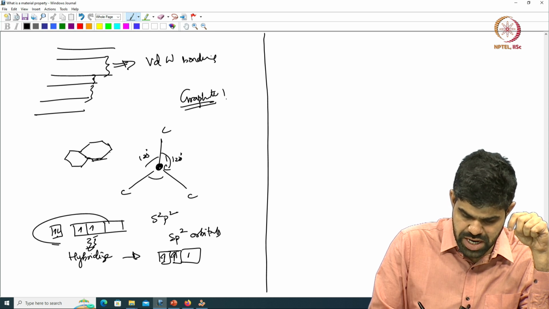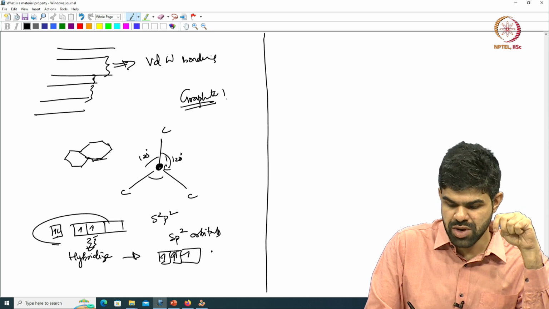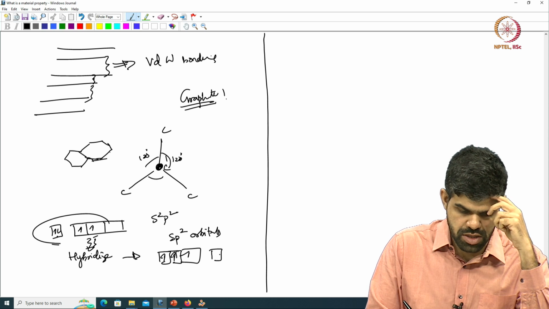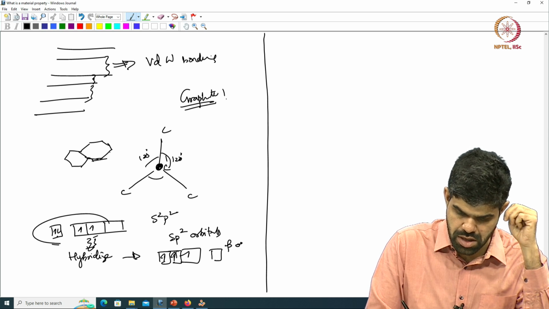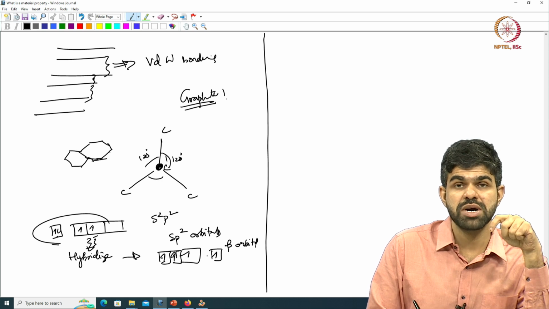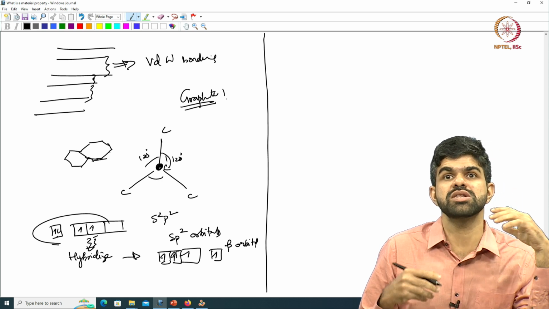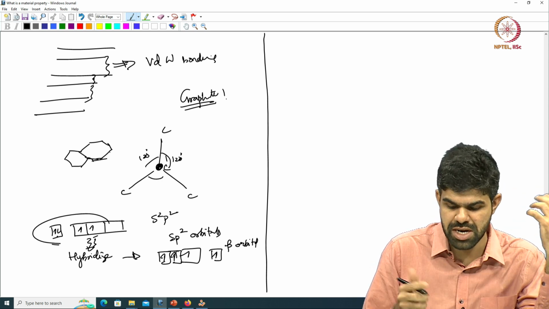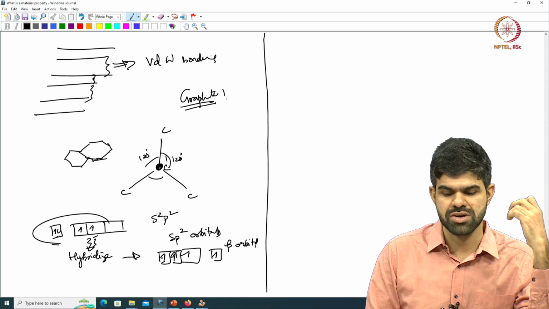Each of them has 1 electron, and you have another p orbital which does not participate in this hybridization. This p orbital has a different energy, and has another electron.